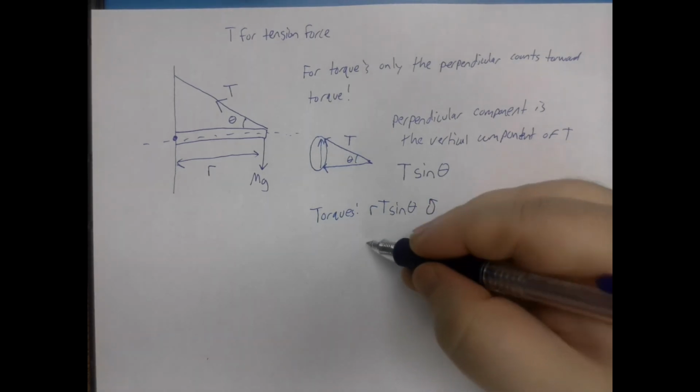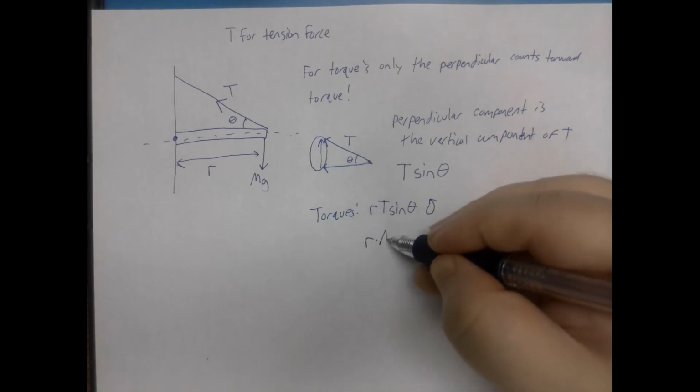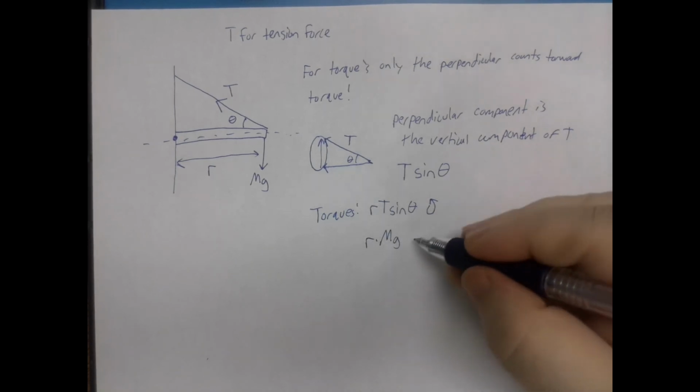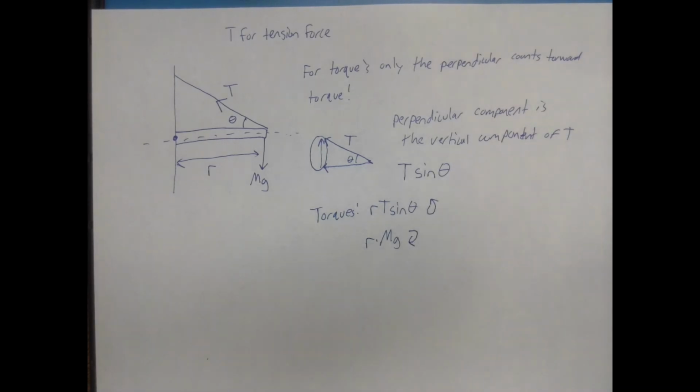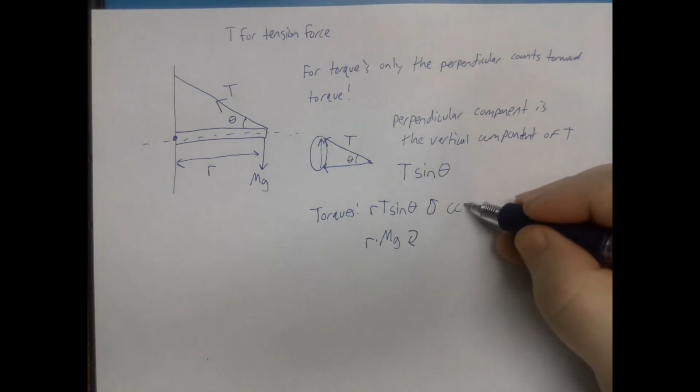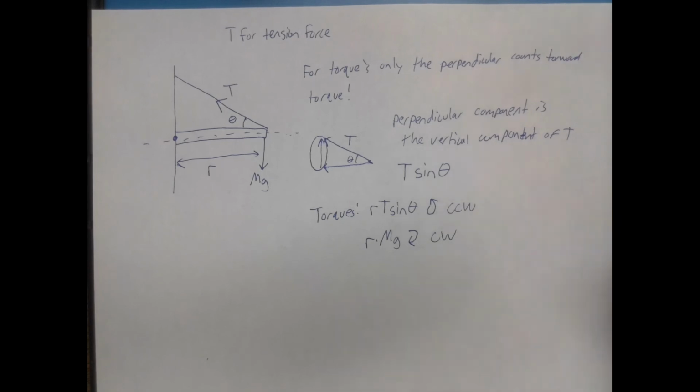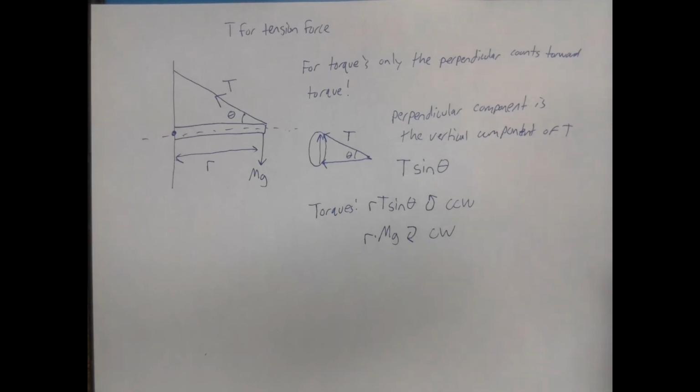And we also have r times mg, which wants to make it rotate clockwise. Counterclockwise and clockwise, it doesn't matter what you set.